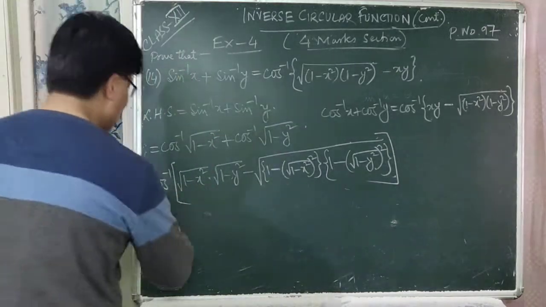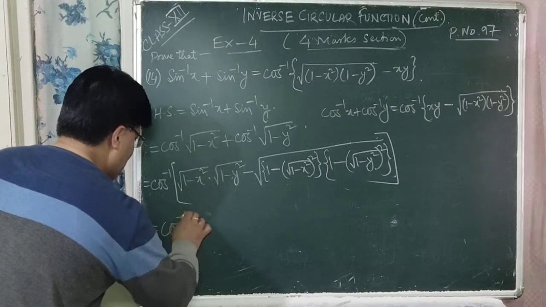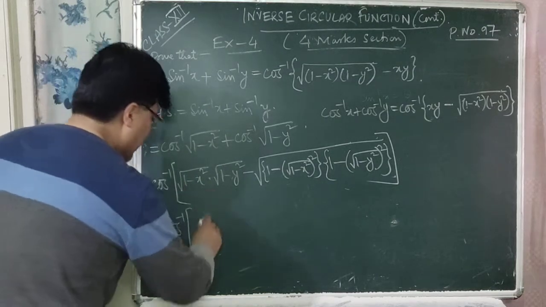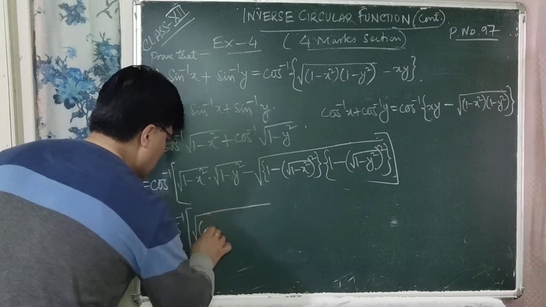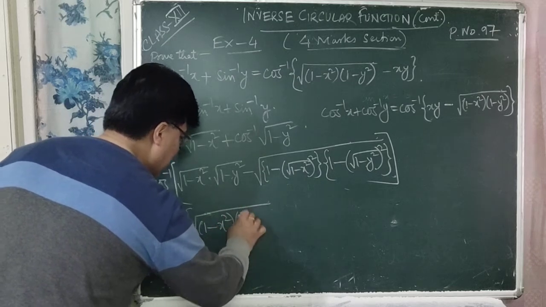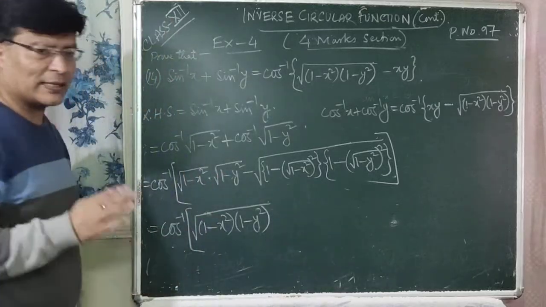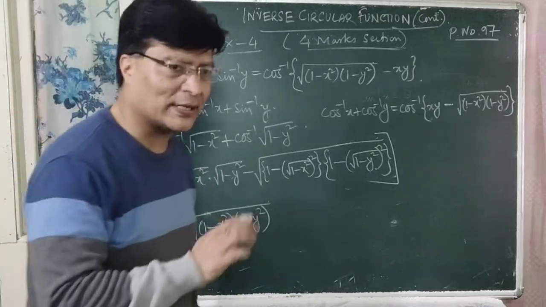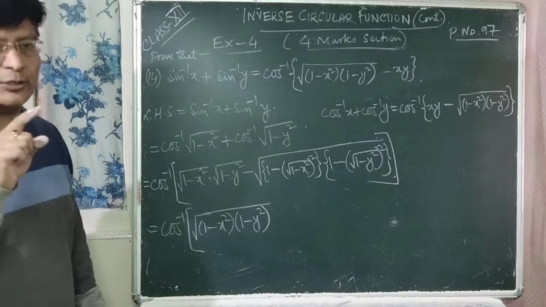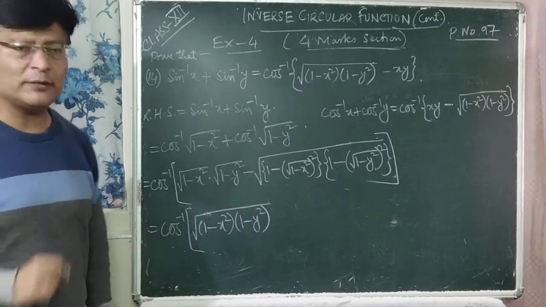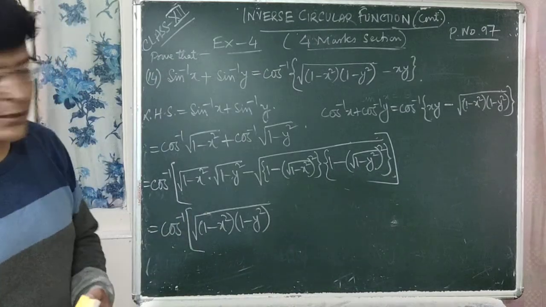So now let us simplify it again. Is equal to cos inverse within third bracket. You can write it within square root. That is 1 minus x square into 1 minus y square. That means both the expressions on the square root are kept under 1 square root. Okay, that is root over 1 minus x square into 1 minus y square.